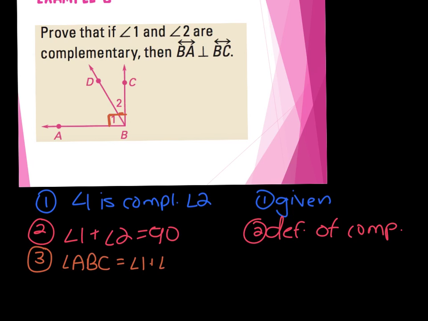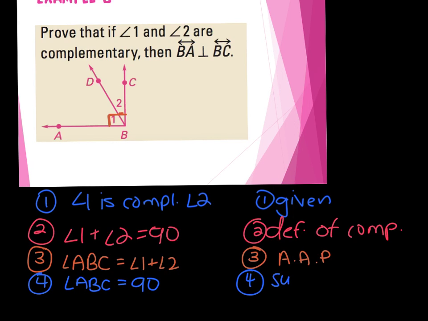Angle 1 plus angle 2, what's that called? When I say that an angle is equal to the sum of its parts. Angle addition postulate. So now if angle 1 plus angle 2 is 90, then angle ABC is 90. What's that called? Substitution.